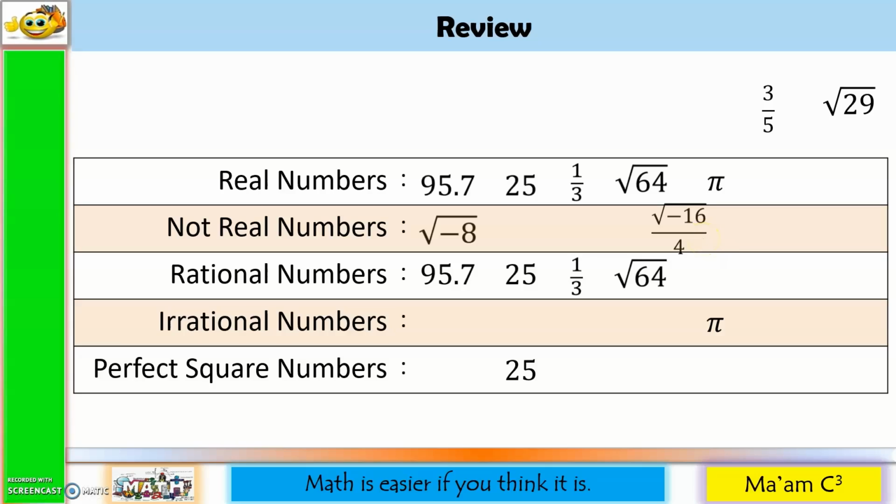Next, 3 over 5 is a real number and also a rational number. Polynomial over a polynomial. And when you convert this into decimal form, it is a terminating decimal, just like 95.7. Last one is the square root of 29. It is a real number. And it is also an irrational number. Just like pi, it has a value that is non-terminating and non-repeating decimal.